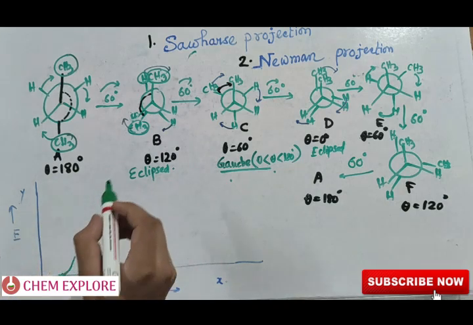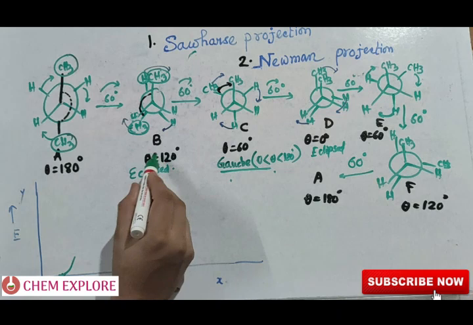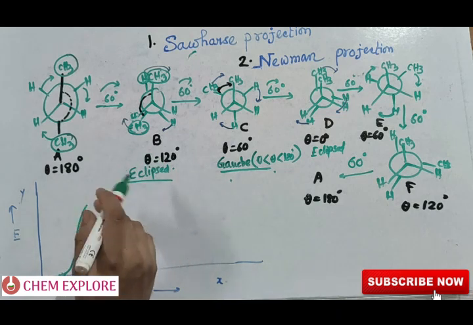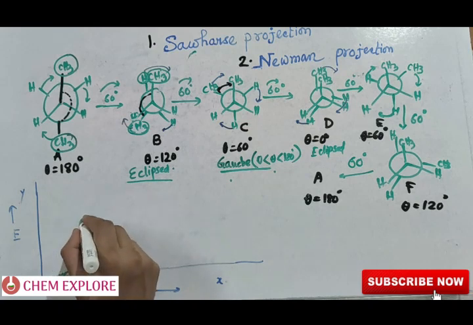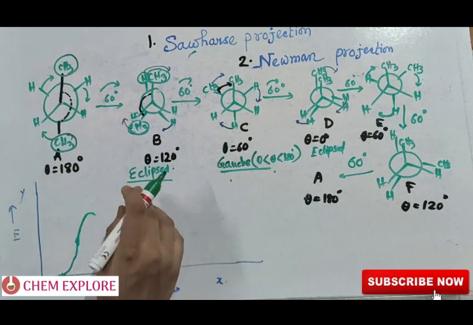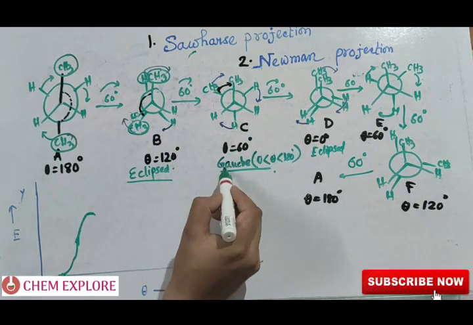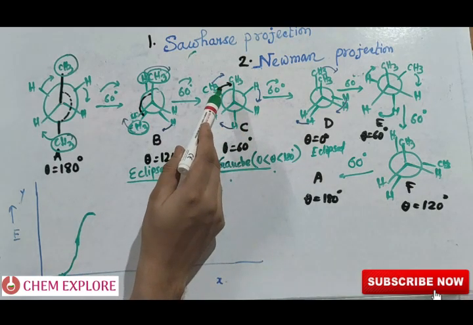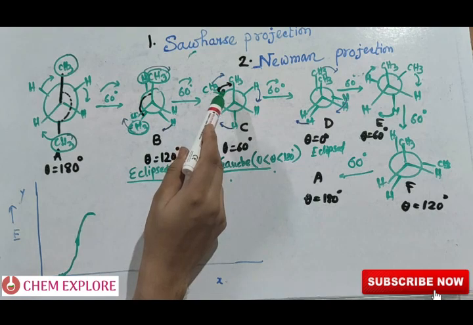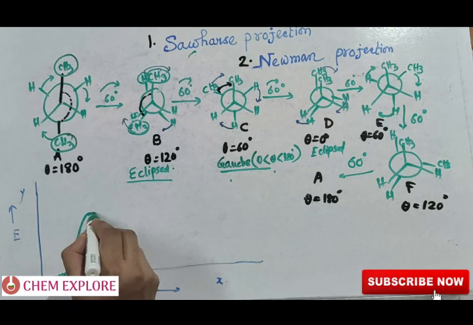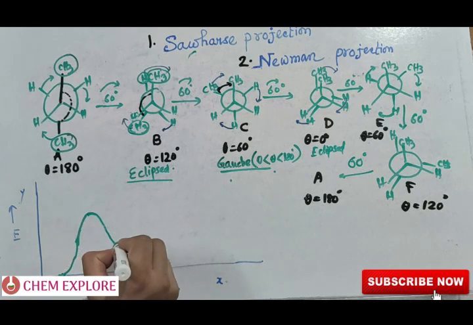So this has quite a high energy, so you can draw it like this. Next is the gauche conformation, where these two methyl groups are near to each other, but still have a little bit of interaction, so you can draw the conformation like this, right?